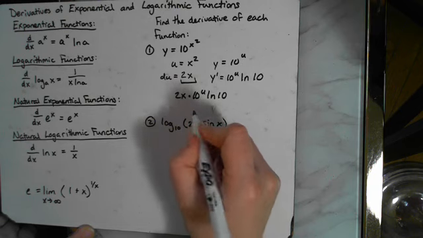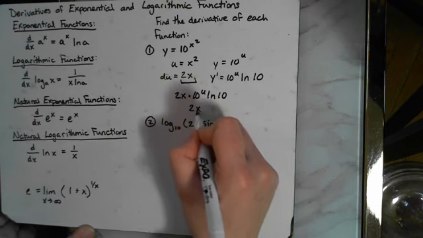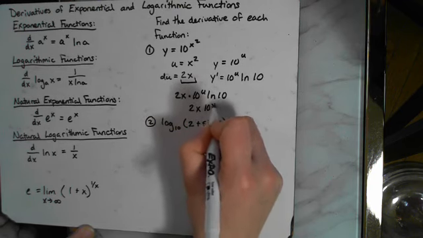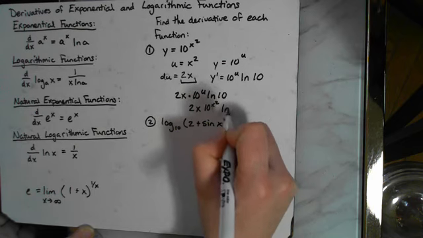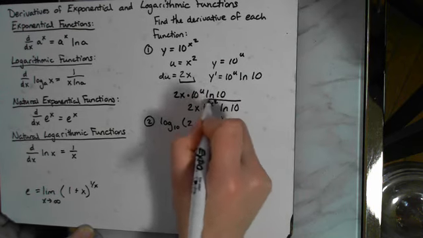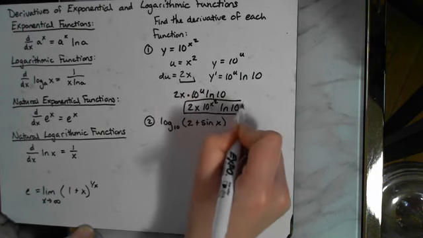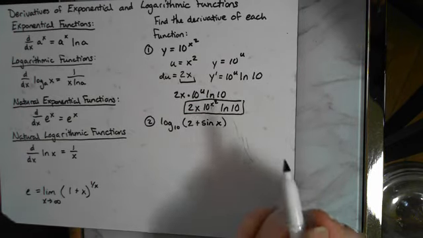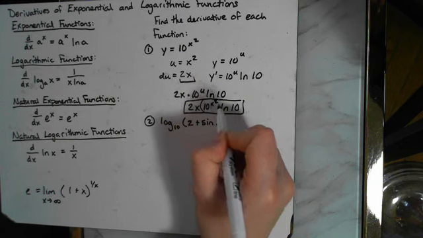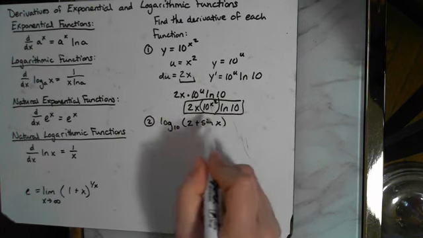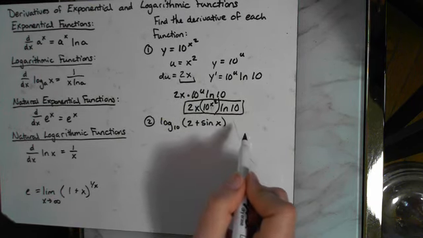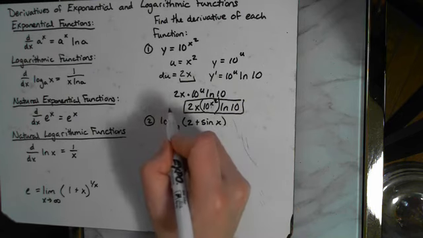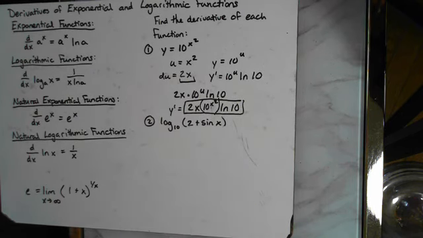So the final answer of this is going to be 2x times 10 to the x squared times the natural log of 10. Now, there isn't really a best way to put this in an order. It just kind of looks a little messy. If you wanted to, you could do some parentheses here, so it kind of separates out the things that are multiplied together. But there really isn't a best way to write this.